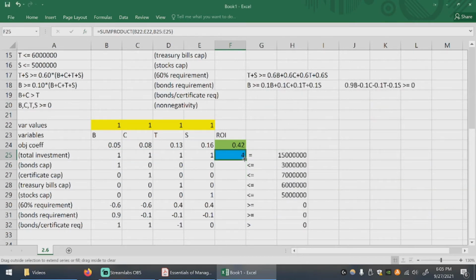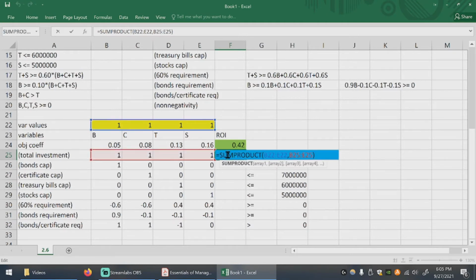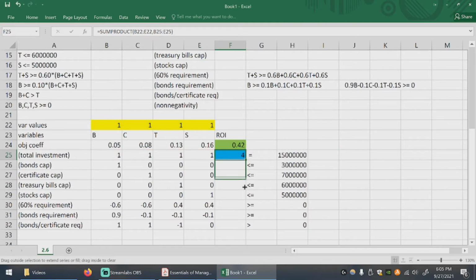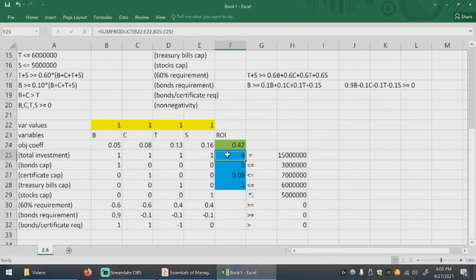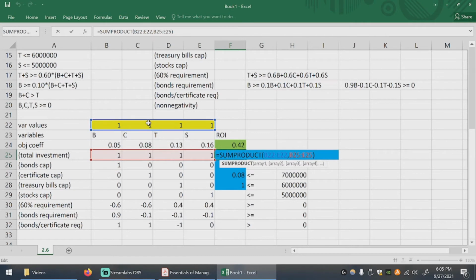Drag it. No, I can't drag it down, right? If I drag it down, this one's not using the yellow numbers anymore. I need to fix the blue selection. Click in it, F4, click in it, F4.